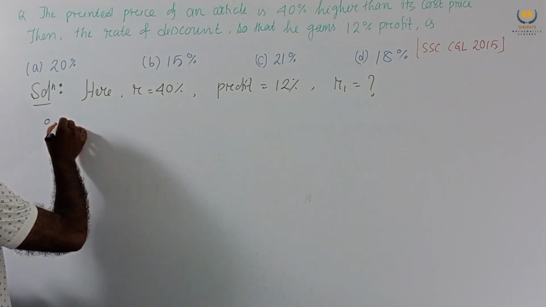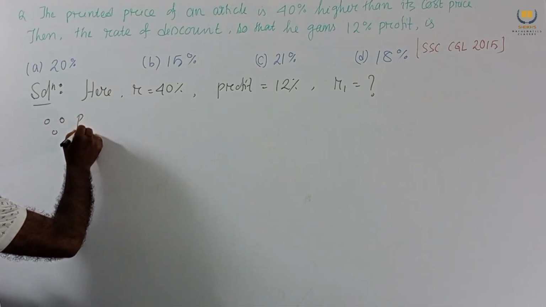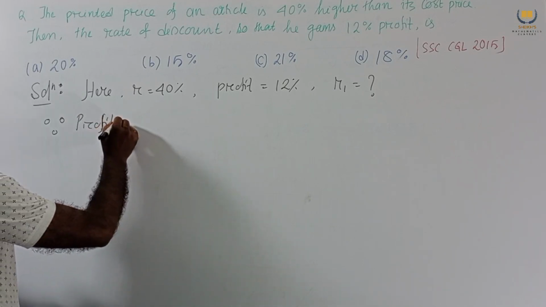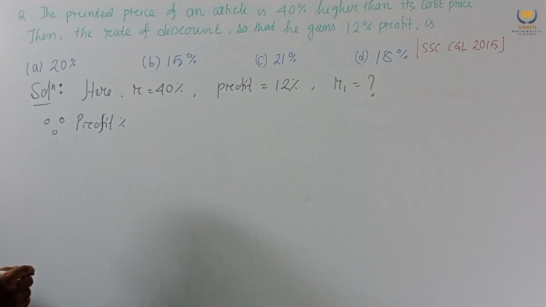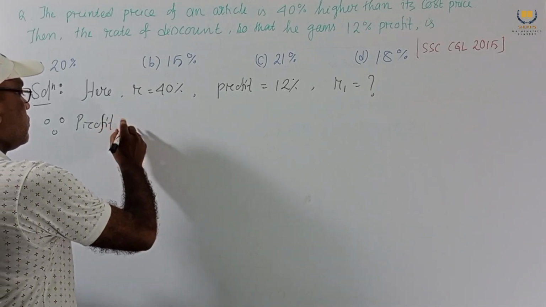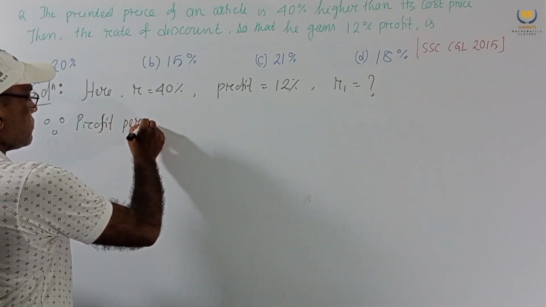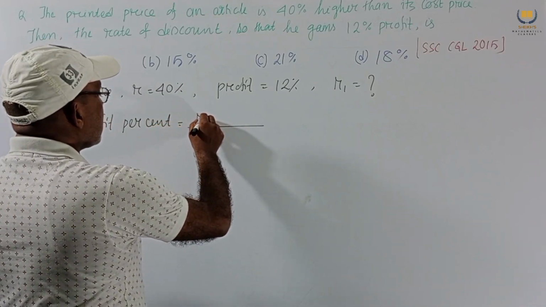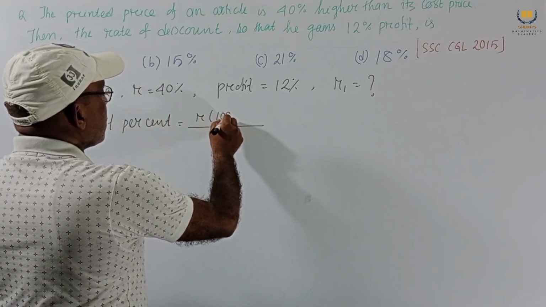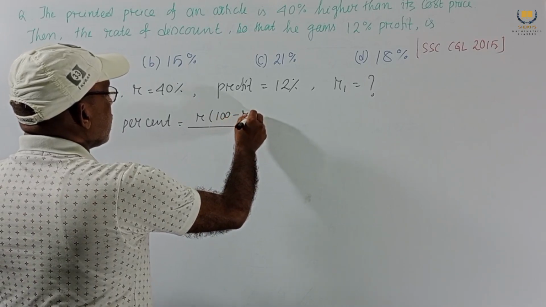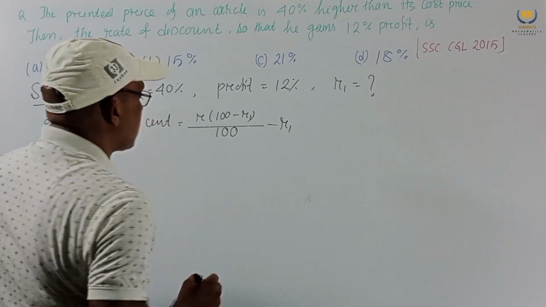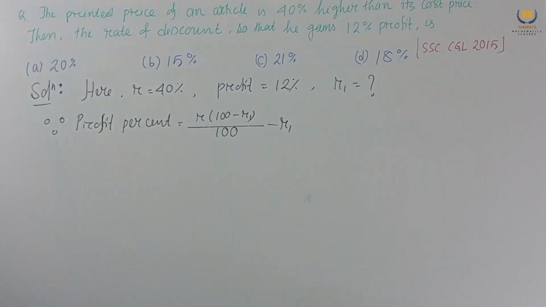Since we know this formula, profit percent equal to R into (100 minus R1) by (100 minus R1). This is our formula.